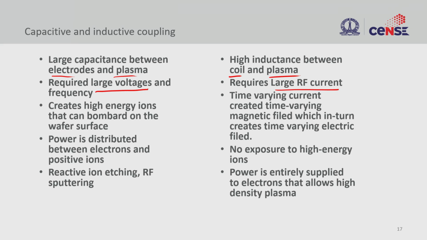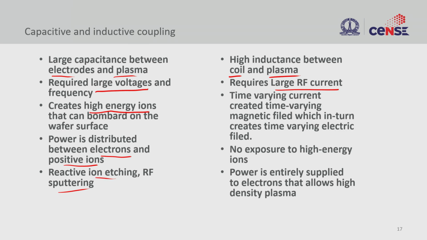You can create high energy ions that can bombard onto the surface, but then the power is distributed between electrons and positive ions. This is a very important drawback in a capacitive system. The energy is distributed between both electrons and positive ions. What you want to do is efficiently transfer all the energy only to electrons, not to positive ions. So reactive ion etching and RF sputtering are examples of capacitively coupled systems.